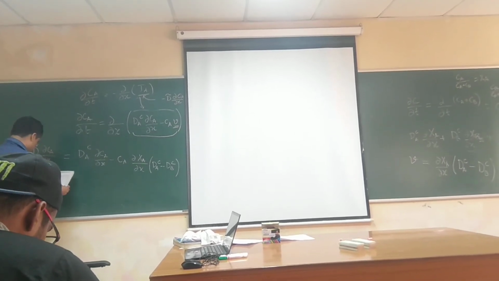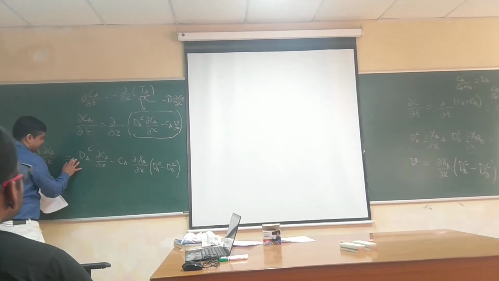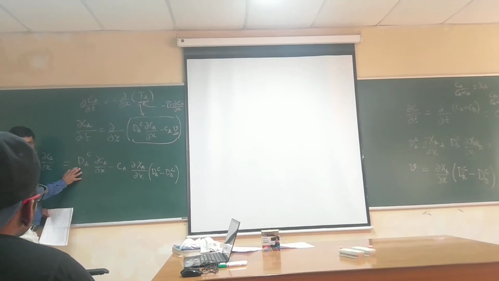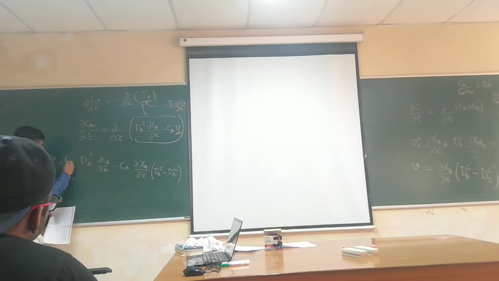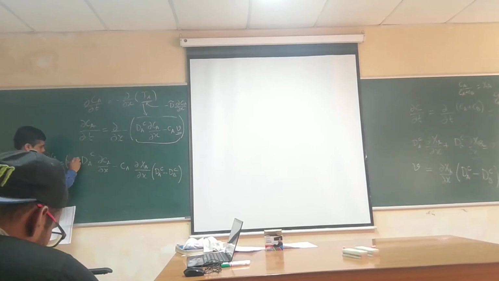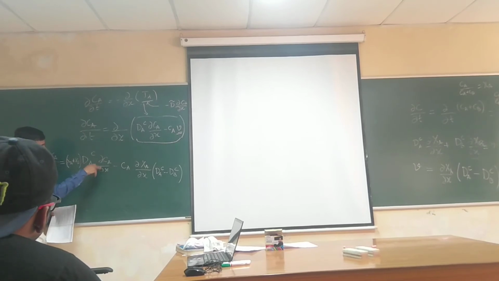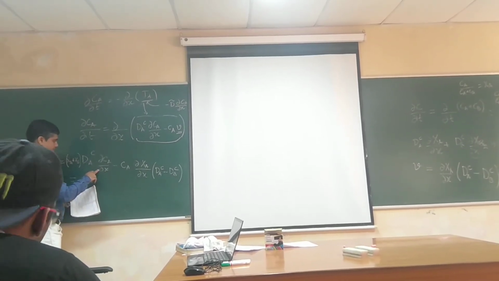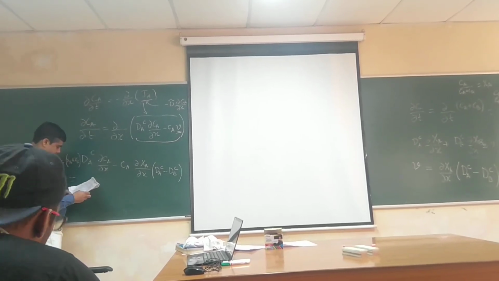And XA plus XB equal to 1. So I can write it here XA plus XB. Then XA del CA del X. This del X we can take as del C or del X by CA plus CB.